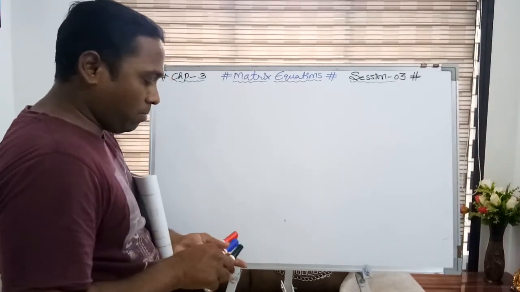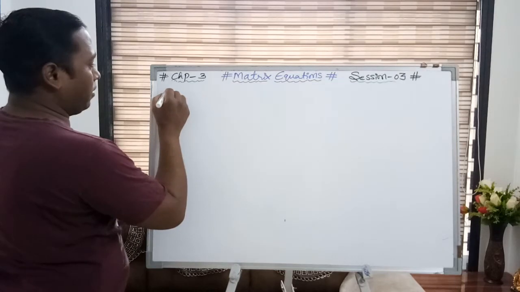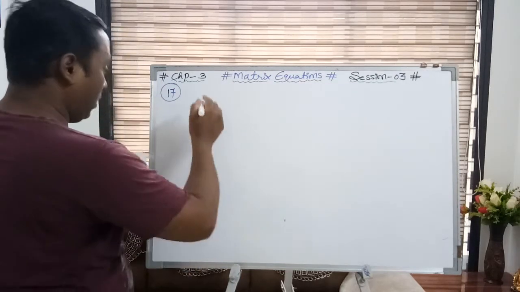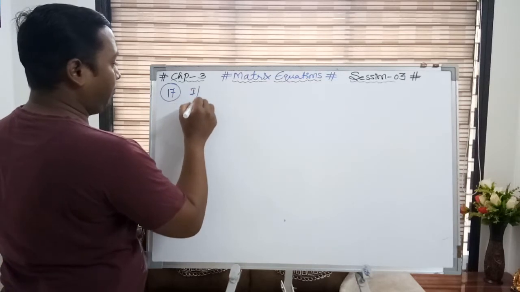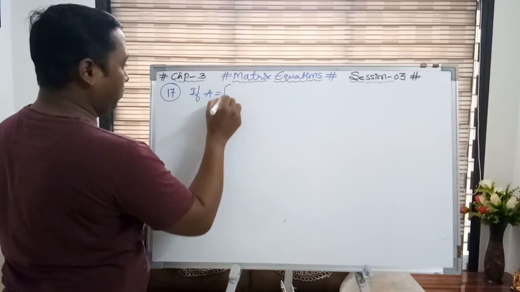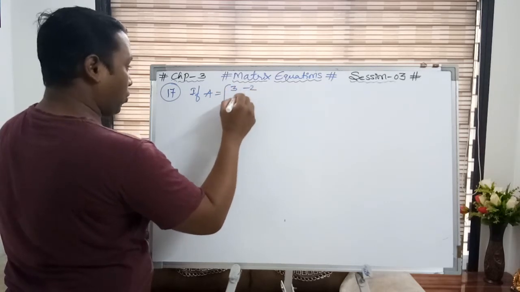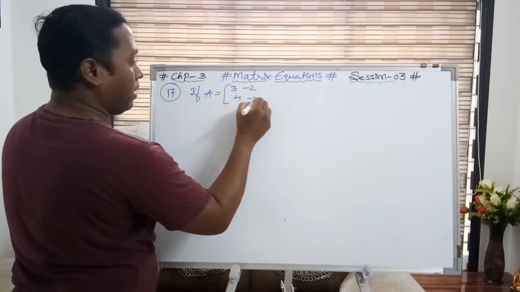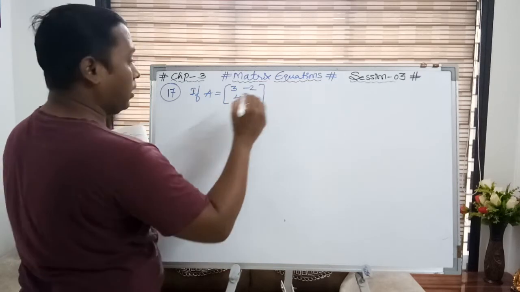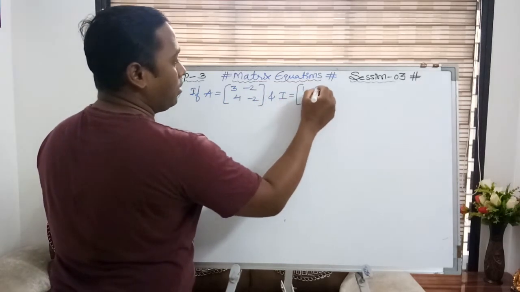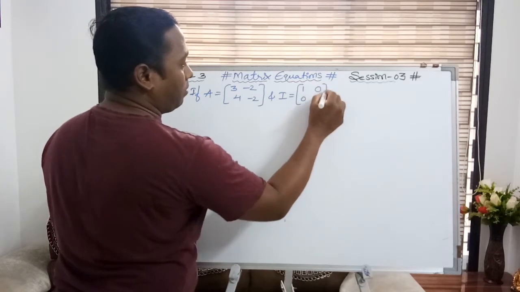See, based on the matrix equation only, how they are asking. The next question, 17th number question it is. If A is equal to 3 minus 2, 4 minus 2, and I is equal to 1, 0, 0, 1.